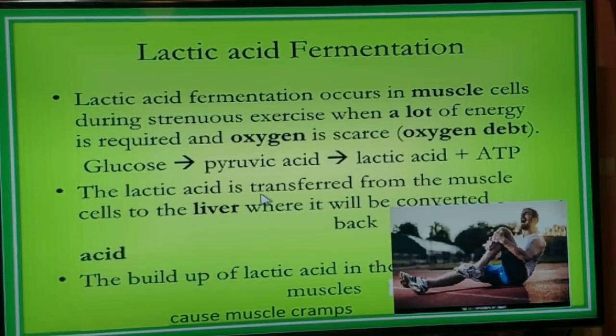The lactic acid is transferred from the muscle cells to the liver, where it will be converted back into pyruvic acid. The buildup of lactic acid in the muscles causes muscle cramp. Muscle cramp means that twitching, that pain in the muscles.